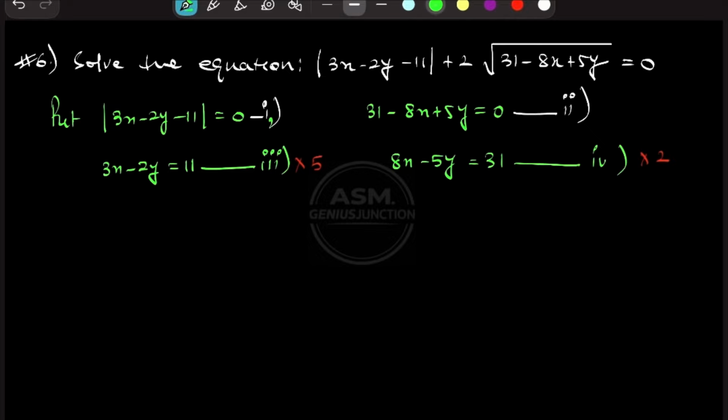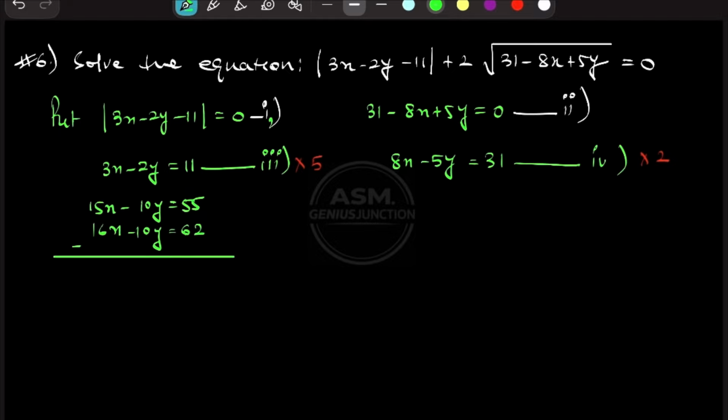So I will multiply it by 5, I will write 15x minus 10y equals 55, and when I will multiply it with 2, I'm going to get 16x minus 10y equals 62. Let's quickly solve this.